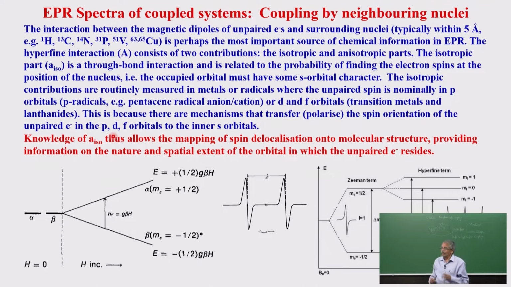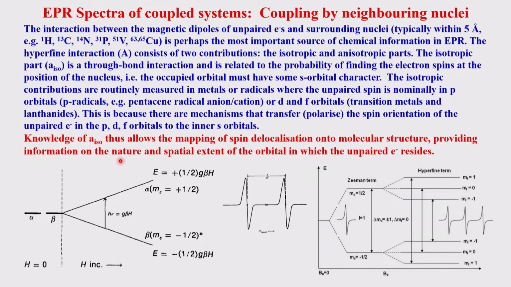And the mechanism by which this is being transferred will decide the strength of the coupling interaction. So this is what this says: the spin orientation of the unpaired electron in the p, d, f orbitals goes to the inner s orbitals, and that is what is felt at the neighbor nucleus. So it is the s character at the nucleus of the connected neighbor that decides. Okay.